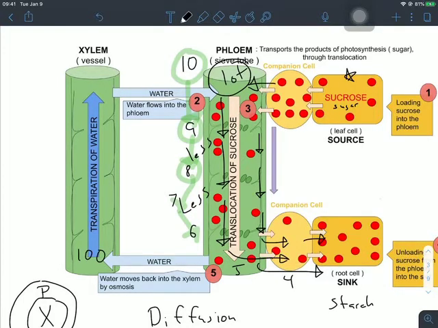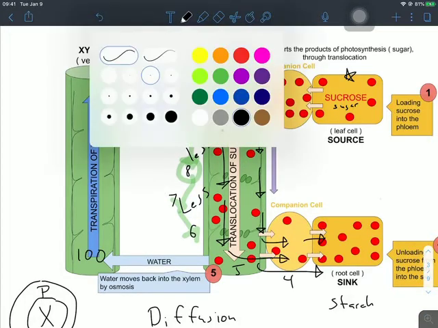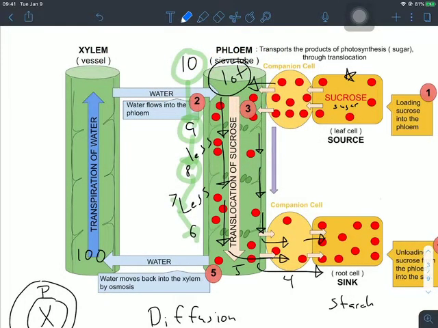But because they are adjacent to the phloem, the water in the vessels isn't just going to want to stick to our vessels. It wants to move around to where there's less water in comparison. So we'll switch the ink that I'm using here to look at the fact that if you have 10 parts per million of sugar, let's make this add up to 100 to keep the math consistent.